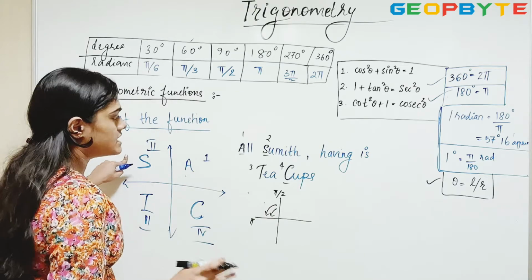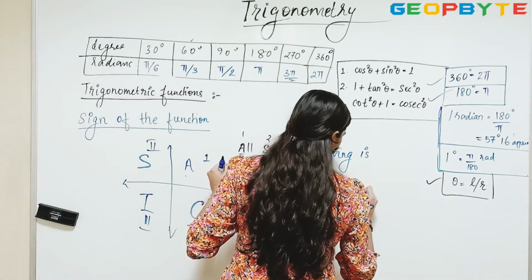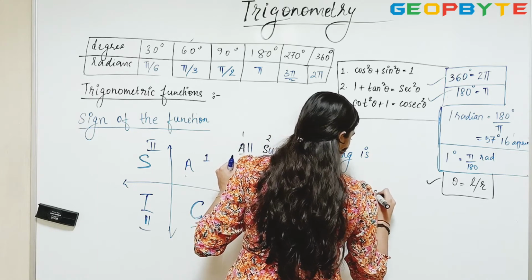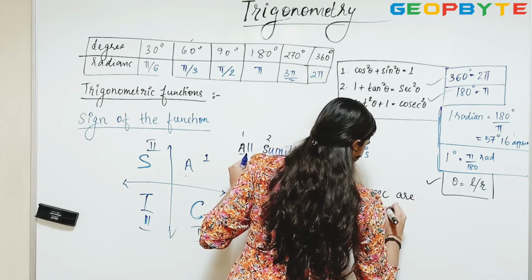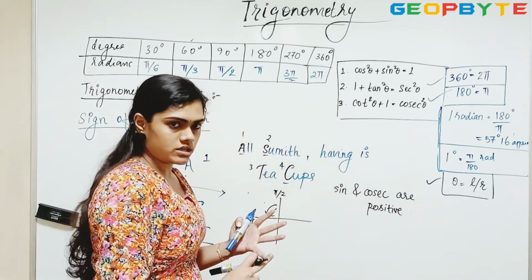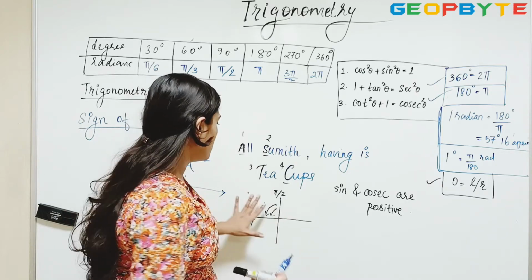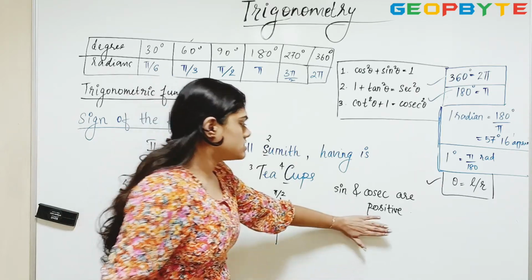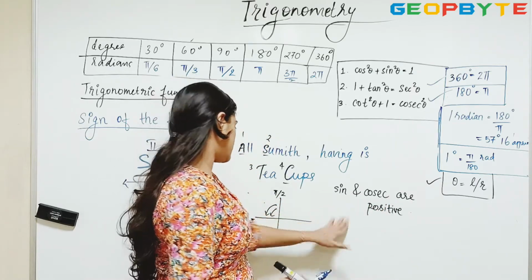Only sine and its corresponding reciprocal, cosec, are positive. That means cos, tan, cot and sec are negative. So only sine and cosec are positive in the second quadrant.